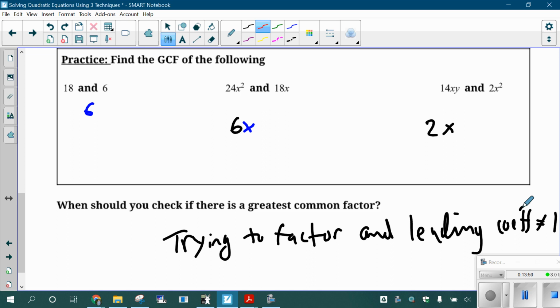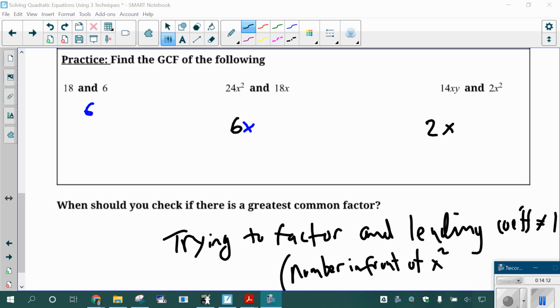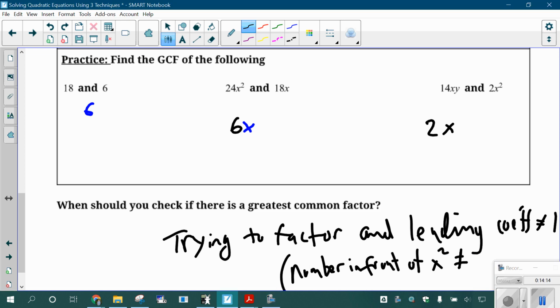The leading coefficient is the number in front of the x squared. So if the number in front of the x squared is not equal to 1, you should try and look for a greatest common factor.